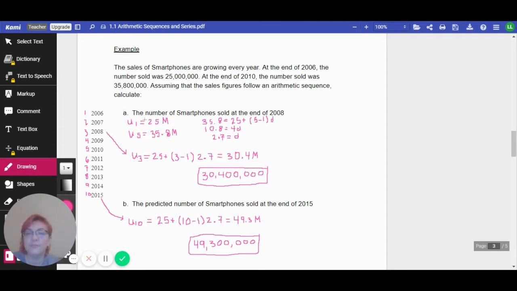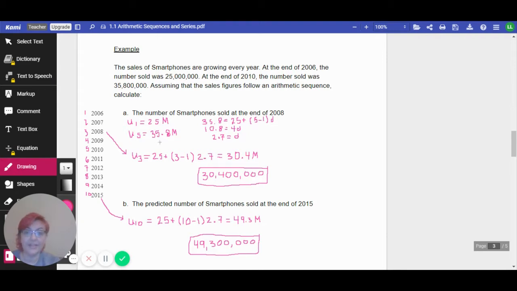So my first term I know is 25 million. My third term is going to be 2008. Looking at 2010, that is my fifth term, and I know that that's 35.8 million. So I'm going to use these two terms to solve for the common difference.